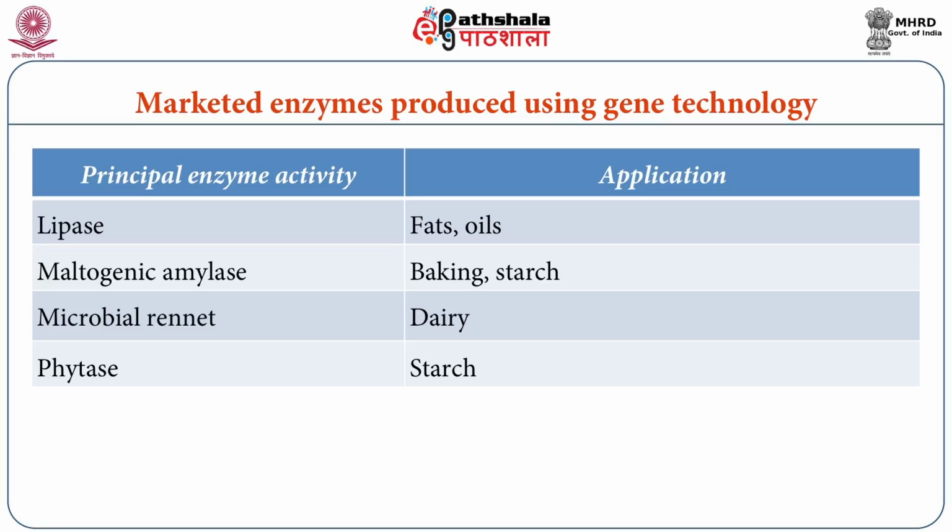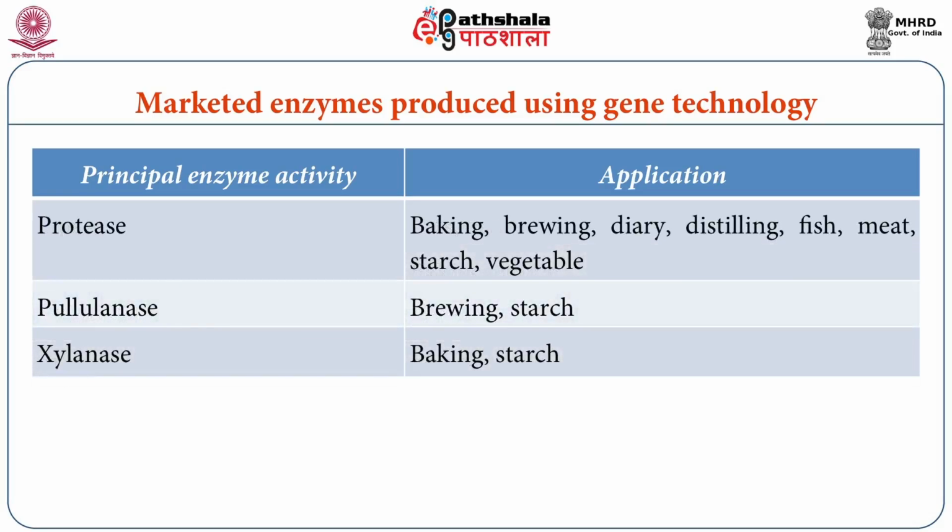Then maltogenic amylase are used in baking and starch manufacturing, microbial rennet again in the dairy industry, and we see cheese as a potent user for this microbial rennet, phytase in starch again, proteases in baking, brewing, dairy, distilling, fish, meat, starch and vegetables, pullulanases in brewing and starch, and xylanases in baking and starch again.